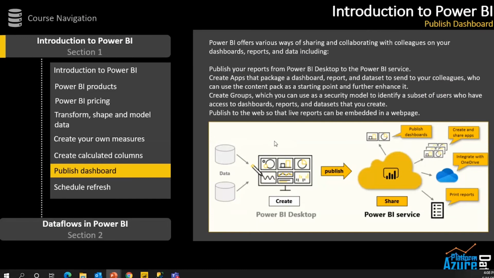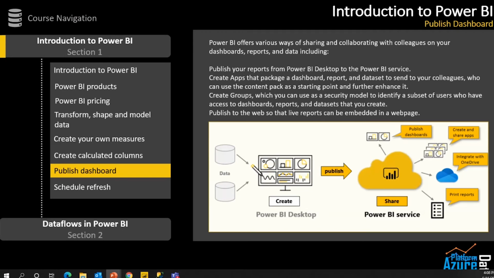So either you can save this PBIX file or you can publish it to Power BI service. When you publish it to Power BI service, it will go to your My Workspace. If you want to share it, you need to be either a Pro user or have a Premium license. And not only you, whomever you are sharing it with also needs to have a Pro or Premium license.